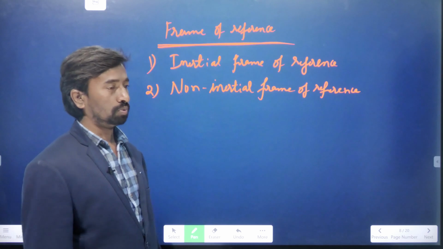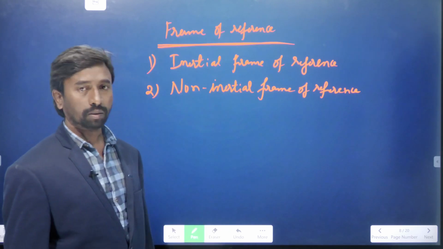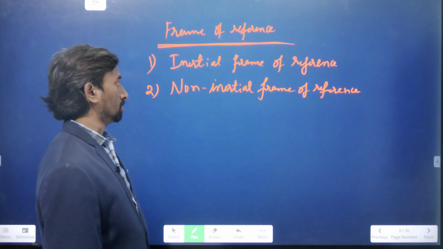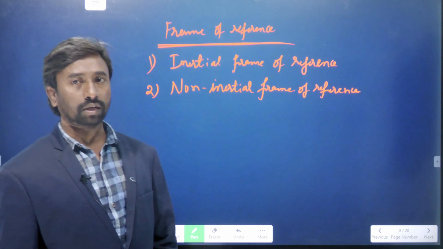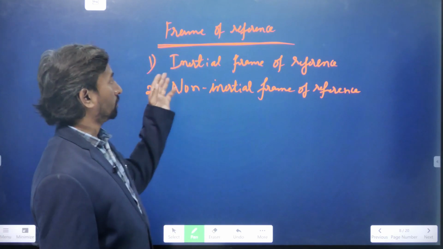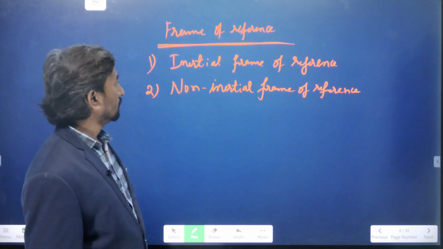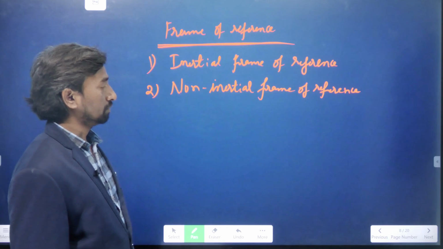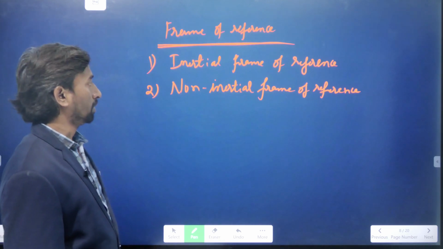If it is moving with different velocity, it comes under a non-inertial frame. Even vehicles like a bus, lorry or train moving with constant velocity are said to be inertial frames of reference. If they are moving with different speeds, they become non-inertial frames of reference.